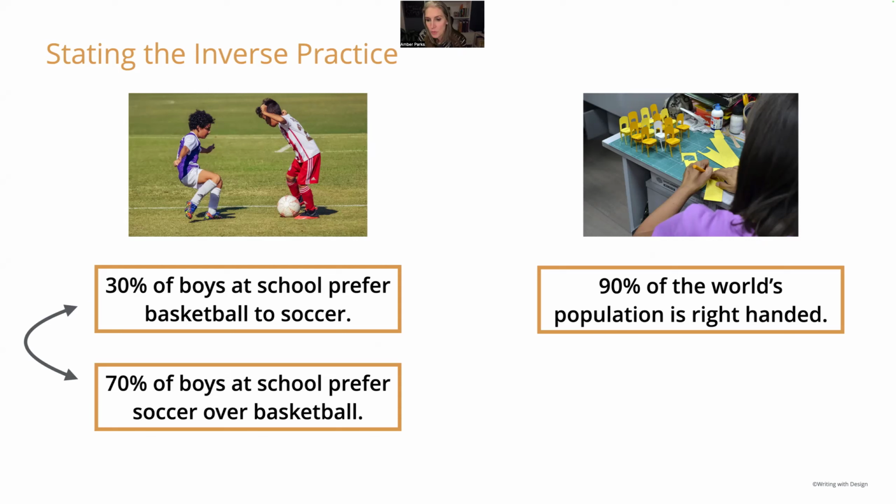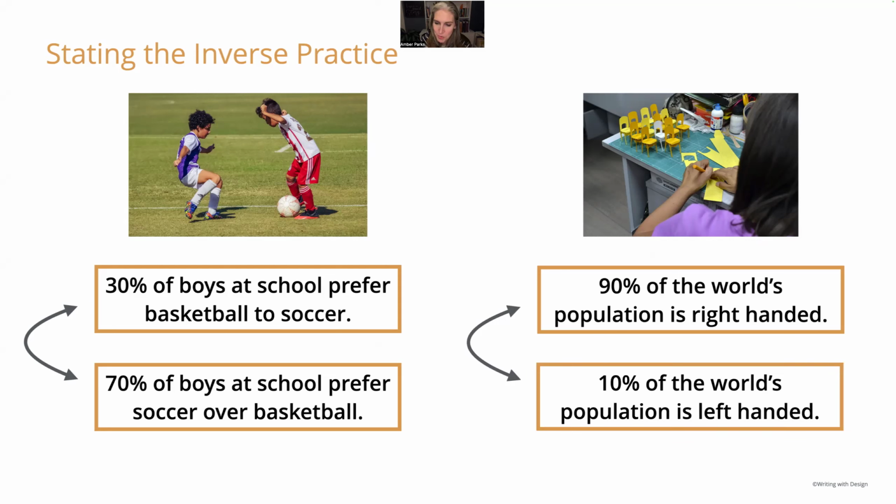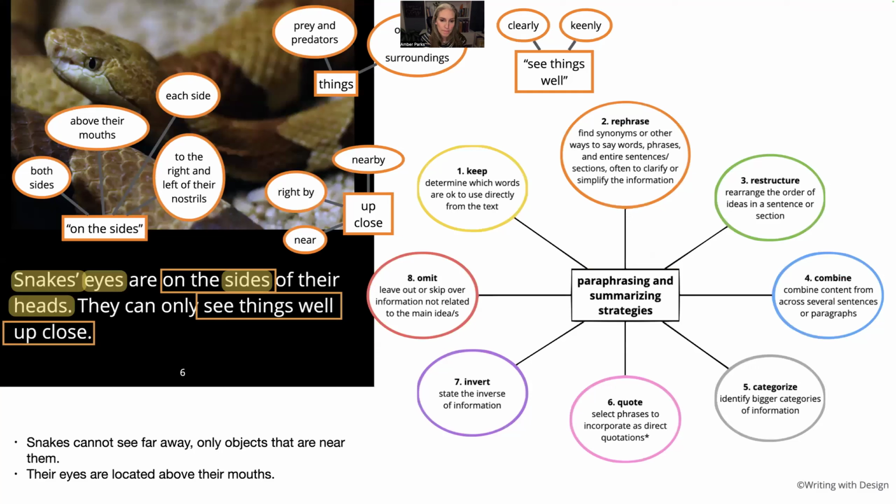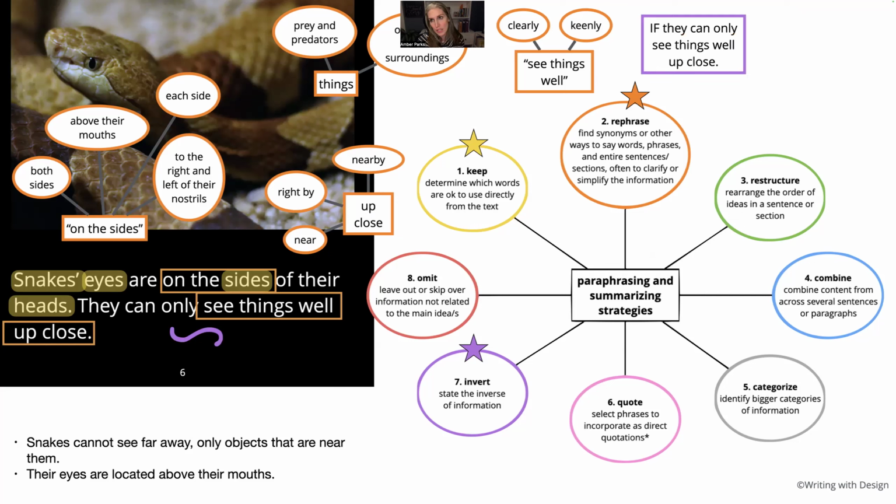If 90% of the world's population is right-handed, then 10% of the world's population is left-handed. So notice we're not making up false information. We're not skewing information. We're just simply telling an inverse. We are giving the flipped version of the information. So as we take a look at "they can only see things well up close," if they can only see things well up close, then snakes cannot see far away.